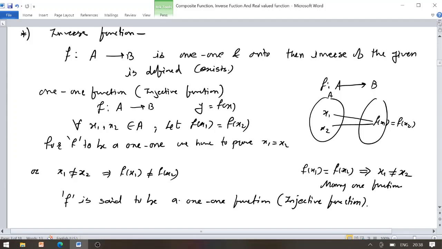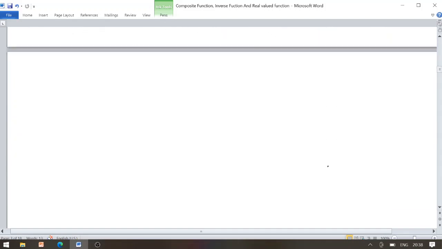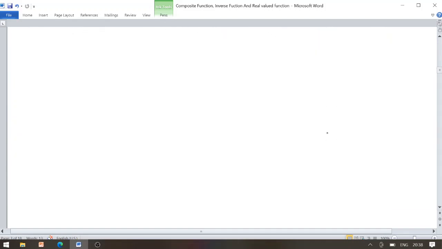Now for the onto function, how to prove that the given function becomes onto once we have the function in terms of a formula. So the onto function, you may call it a surjective function.